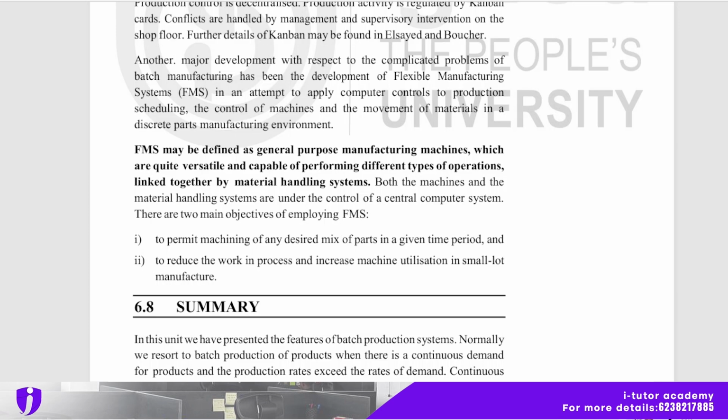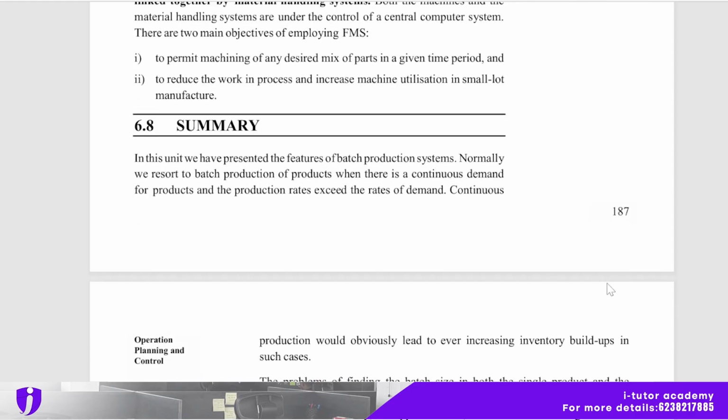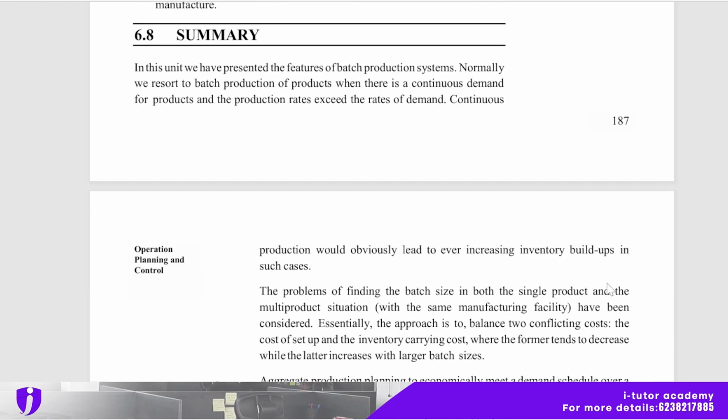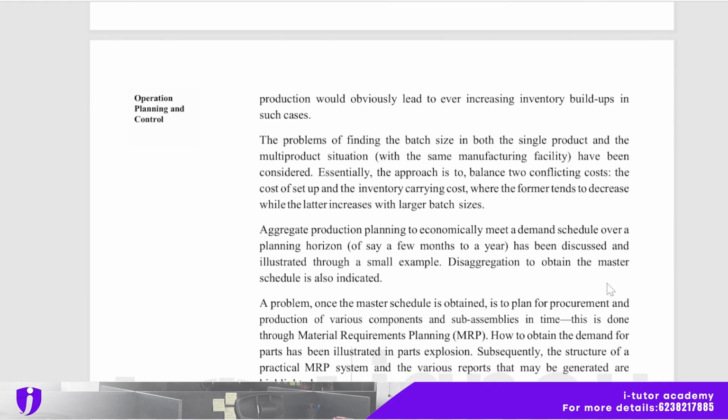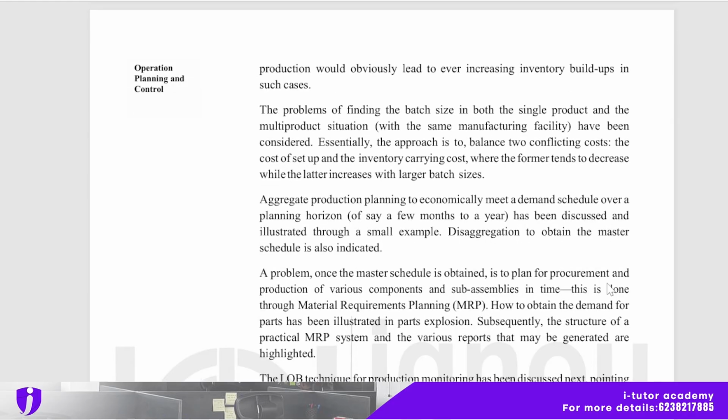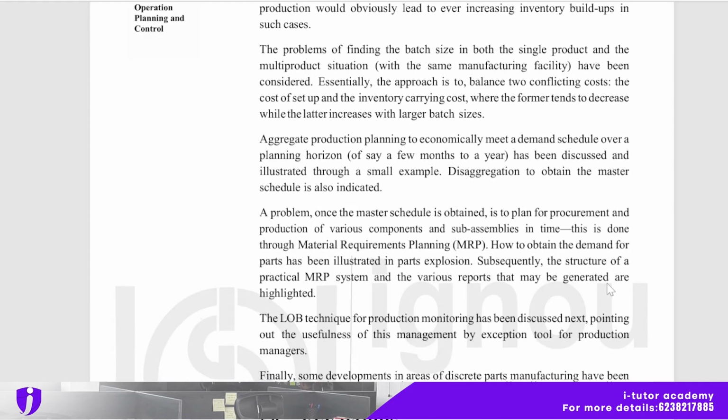Okay, so here is the summary of this unit. In this unit we have presented the features of the batch production system. Normally we resort to batch production of a product when there is a continuous demand for the product and the production rate exceeds the rate of demand, and continuous production would obviously lead to ever-increasing inventory build-up in such cases. The problems of finding the batch size in both the single product and the multi-product situation have been considered.